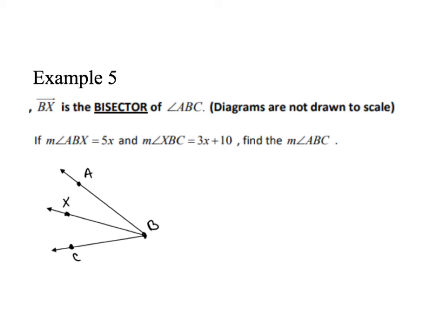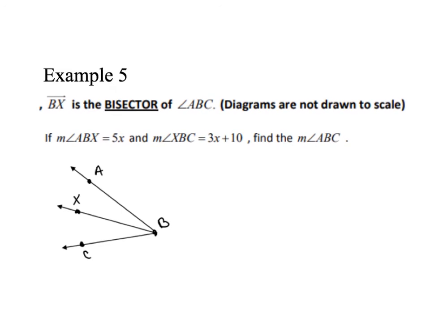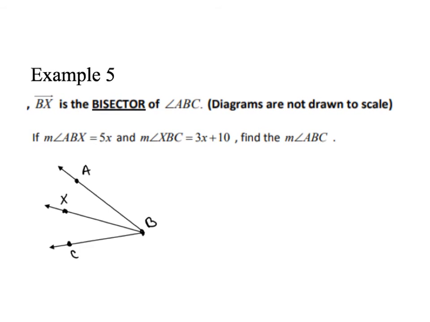Alright, example 5. Says BX is the bisector of angle ABC if ABX is 5x and XBC is 3x plus 10. Find the measure of angle ABC.